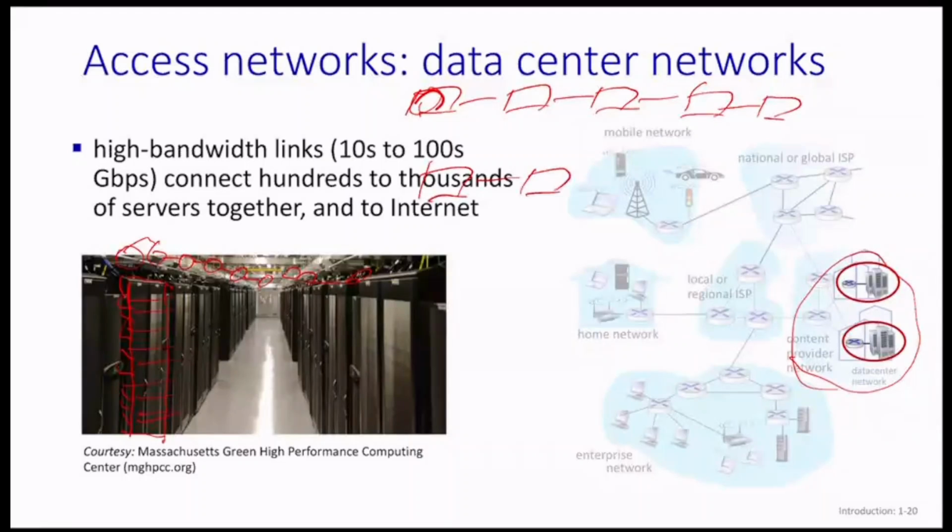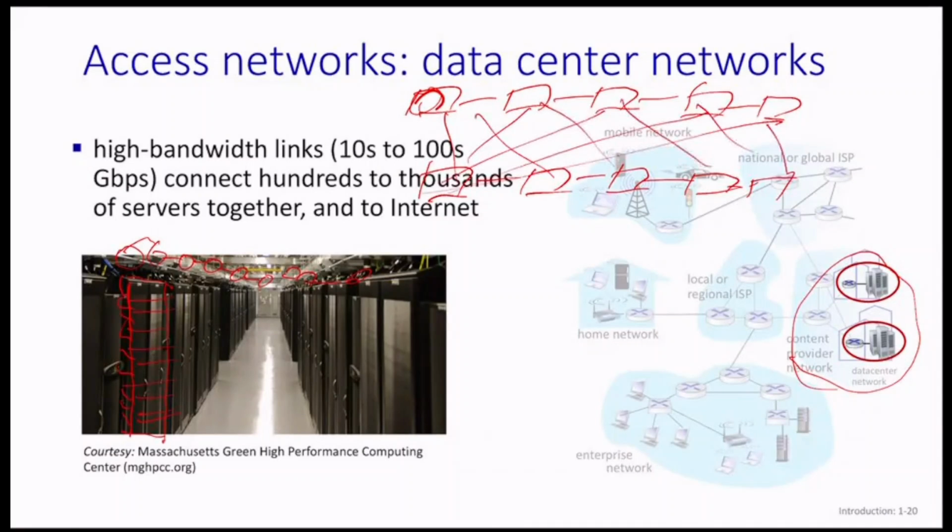This is another level of switch, and these switches also connect to each other. And each top of rack switch connects several servers. This is one good architecture for the data center.